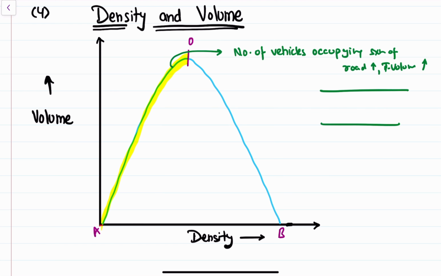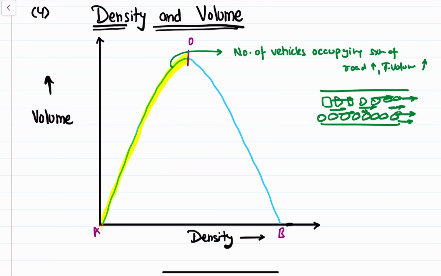This means that the number of vehicles occupying the section of the road is increasing, while at the same time, the number of vehicles that are crossing the section of road in a unit time is also increasing, right?